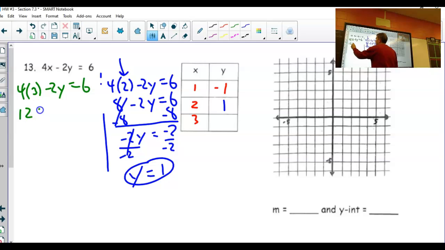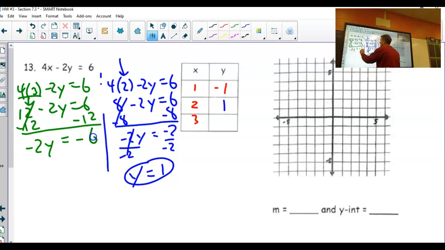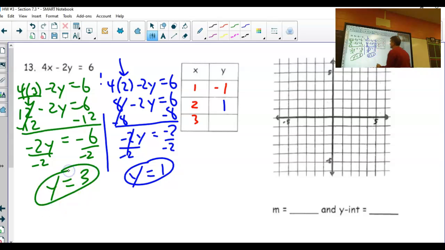I would get 12 minus 2y equals 6, right? Because 4 times 3 is 12. Then I would subtract 12 from both sides and get negative 2y is negative 6. And finally, I would divide by negative 2 and get y equals 3.